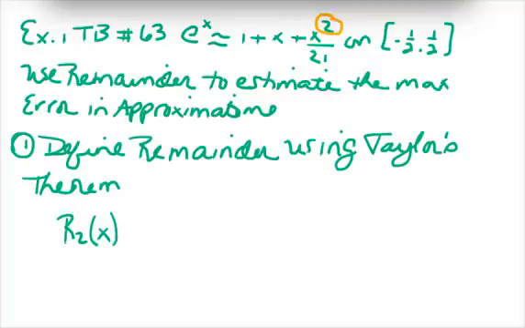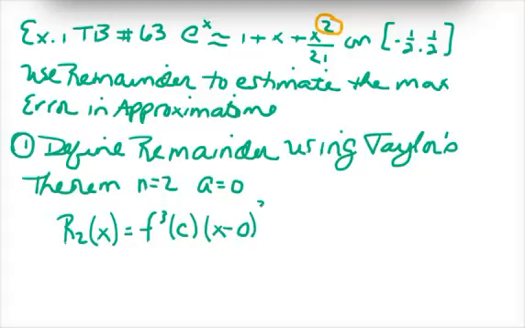So we know that n is equal to 2 because that's the highest power, and we also know that a is equal to 0. It's centered about 0 because there's no x minus a term. So the remainder using Taylor's theorem is the third derivative evaluated at a constant, over 3 factorial.